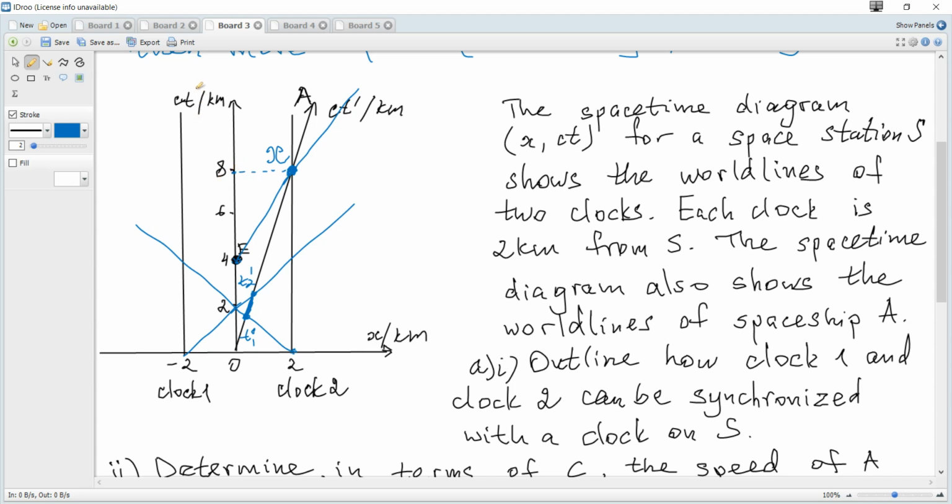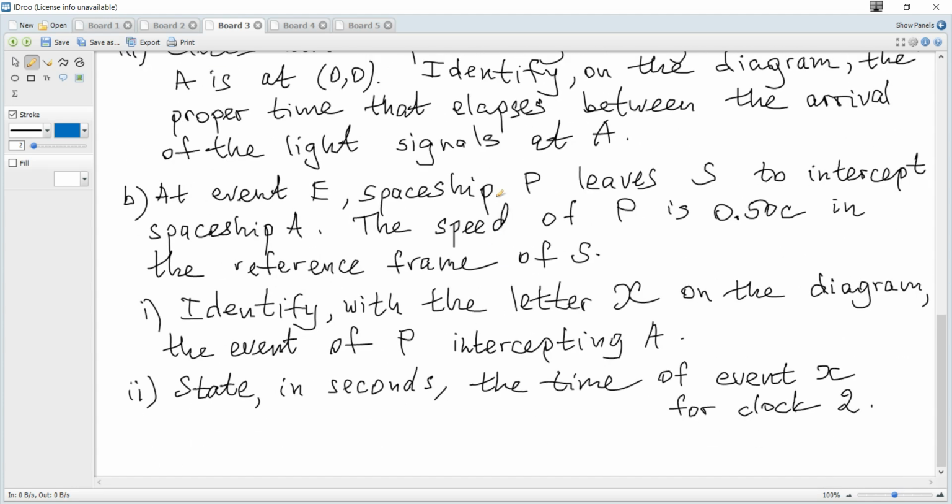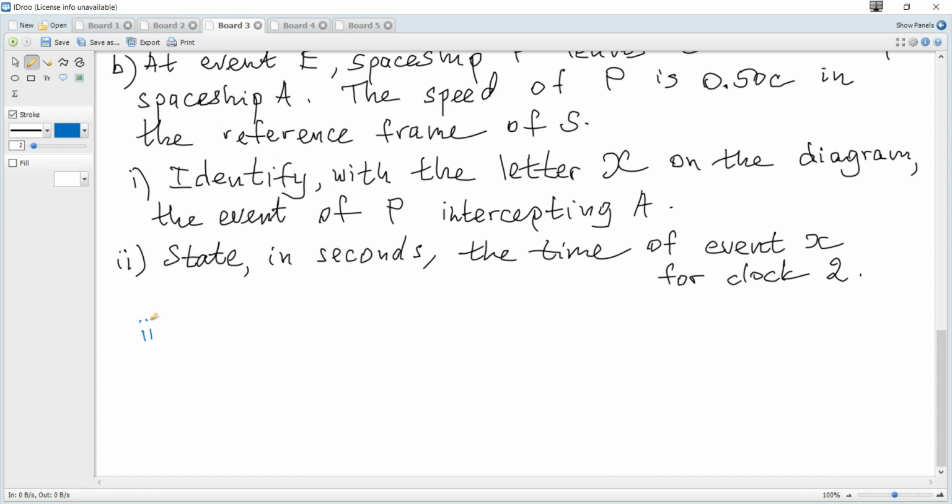But what is 8? 8 is ct in kilometers, and we need to convert this value into seconds. So ct is 8,000 kilometers, and to get t we divide by c, and using a calculator it becomes 2.7 times 10 to the negative 5 seconds.